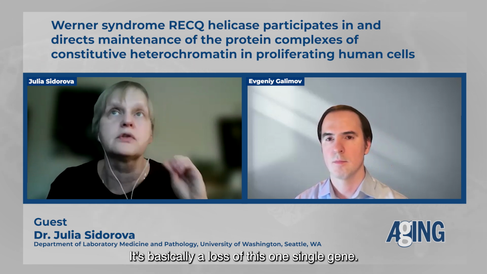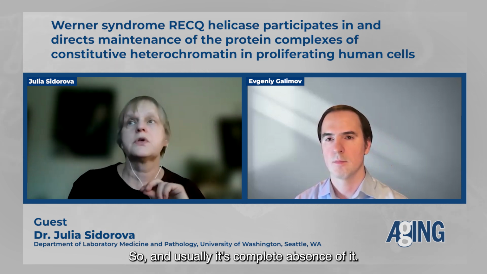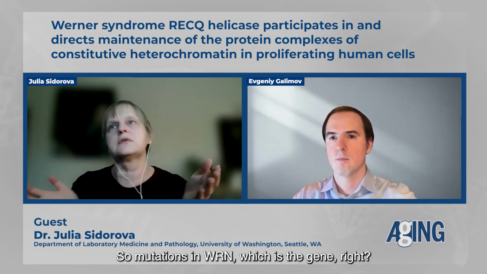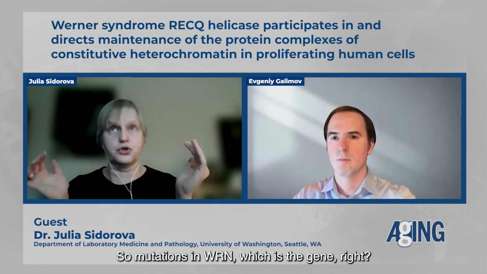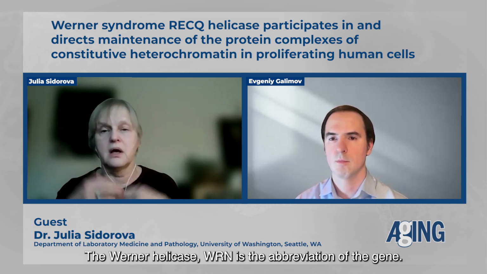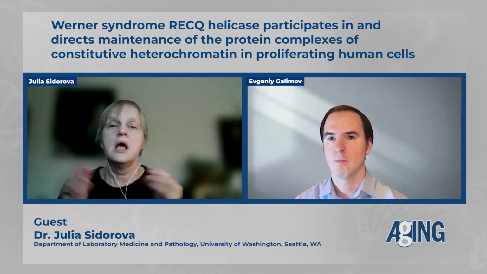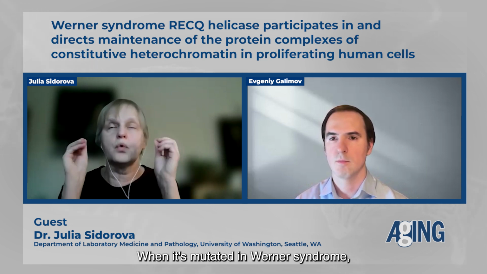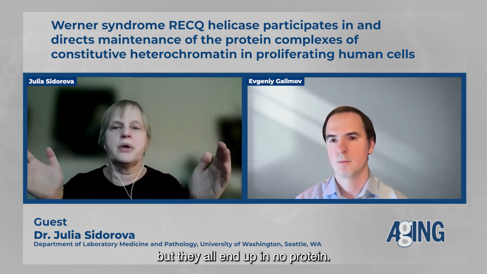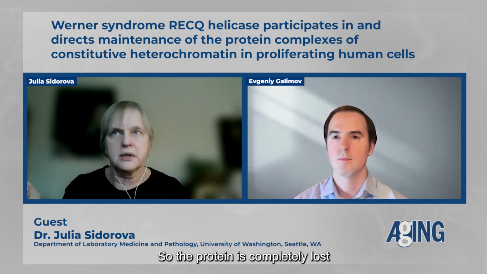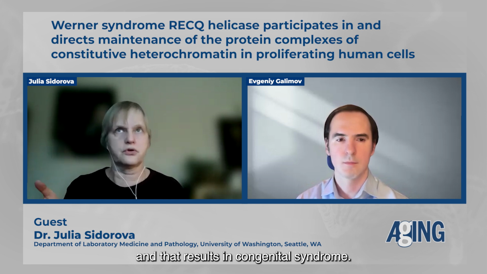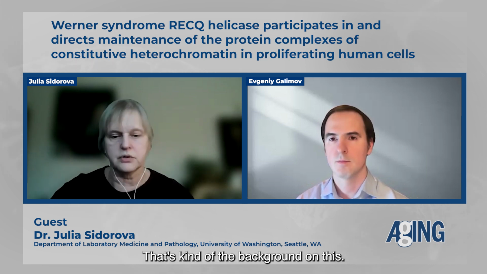It's basically a loss of this one single gene, and usually it's a complete absence of it. Mutations in WRN, which is the abbreviation of the gene, the Werner helicase. In Werner syndrome there are lots of mutations, but they all end up in no protein. The protein is completely lost, and that results in the congenital syndrome. That's the background on this.